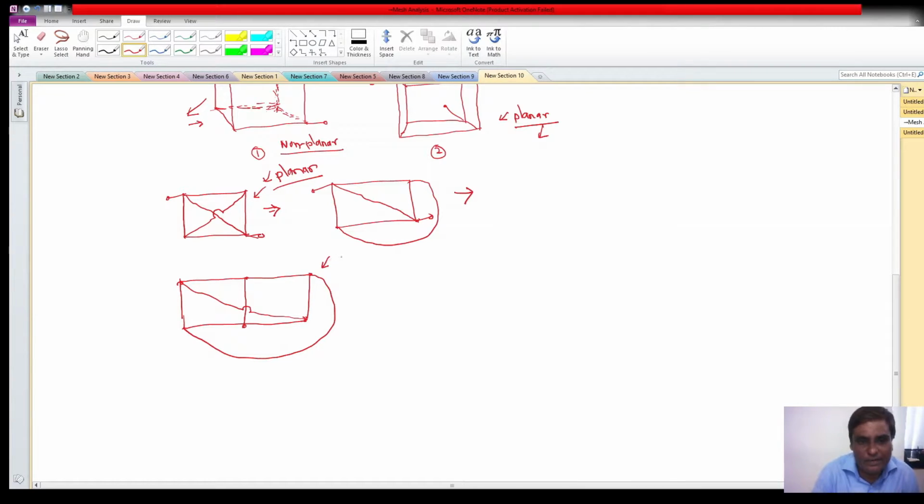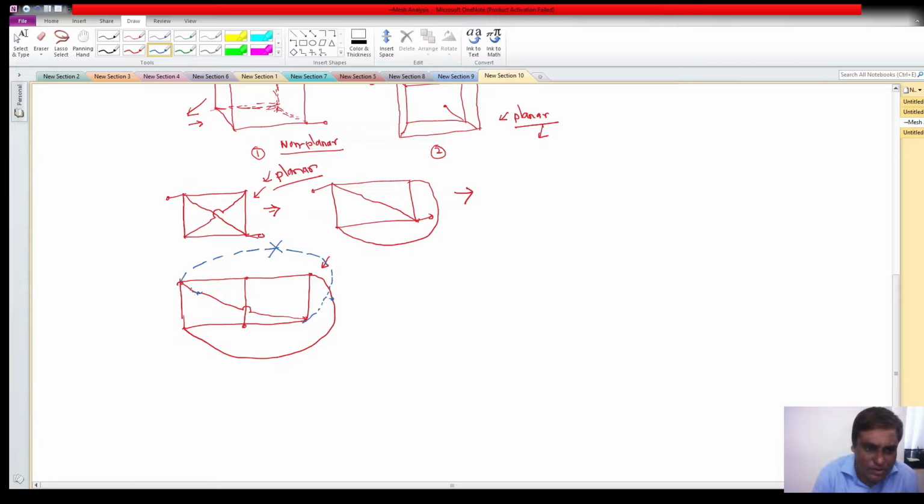Now let us identify whether it is planar or non-planar. If I redraw this branch like this, what I observe is that it will cross this branch. So this is not possible in order to have a planar network.